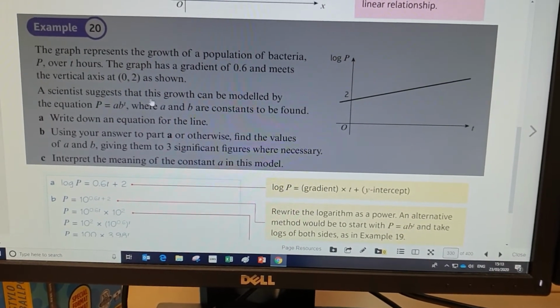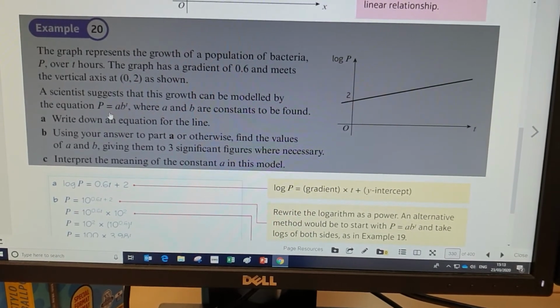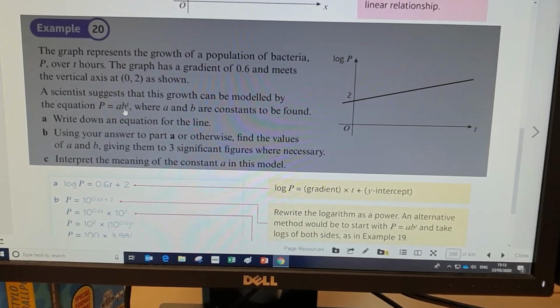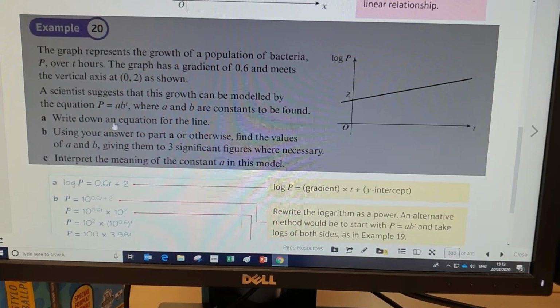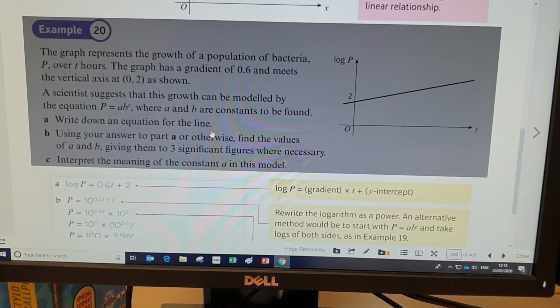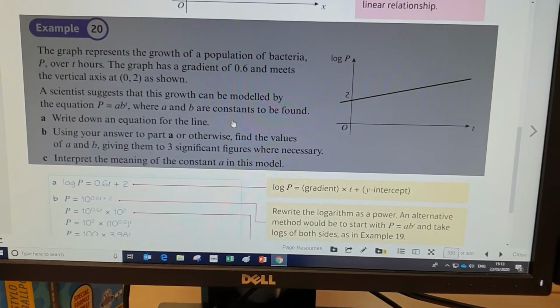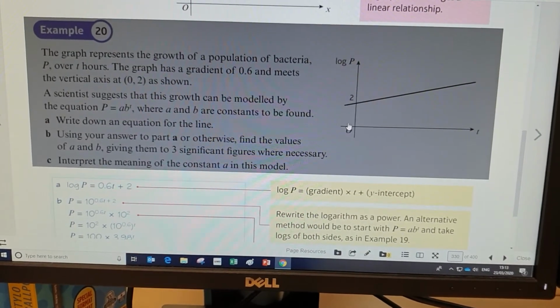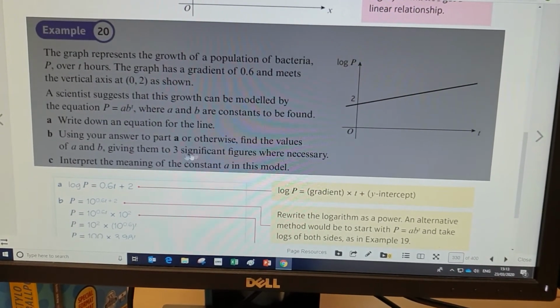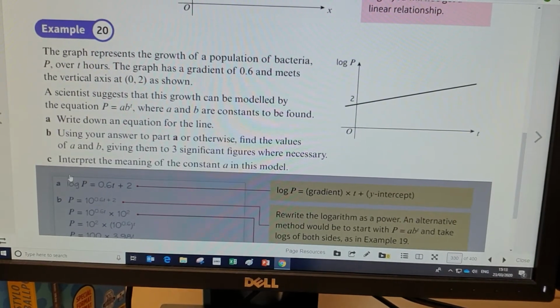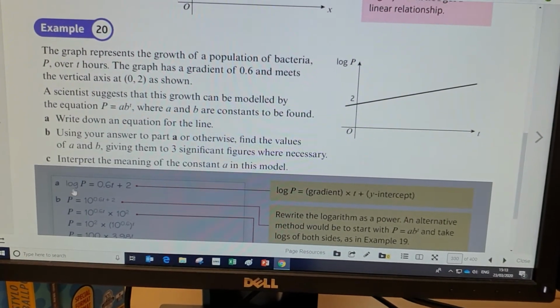The scientists suggest that this growth can be modelled by the equation p equals a times b to the t. Write down an equation for the line. Well, we've got log p on this axis here, that's our y-axis, so we can have that as the subject of our formula.